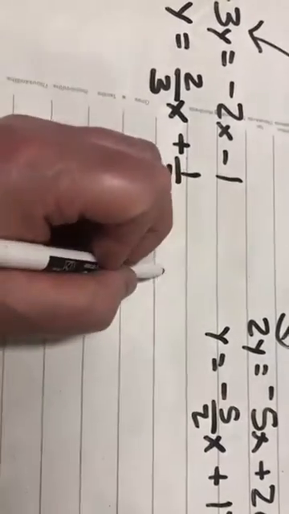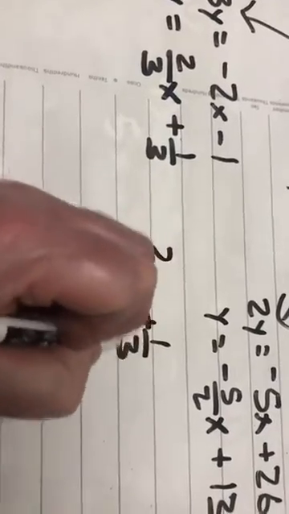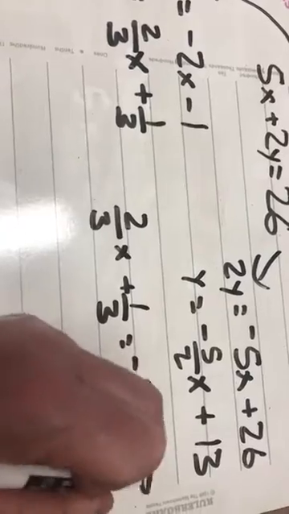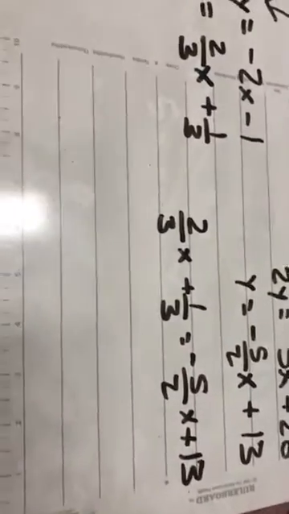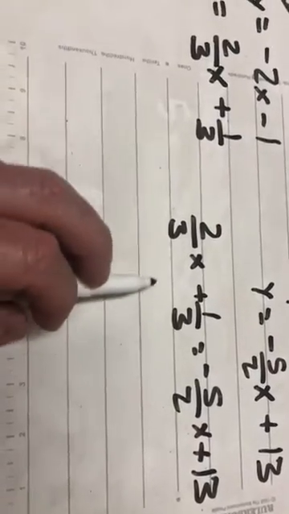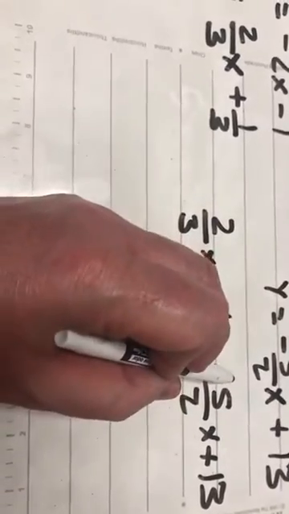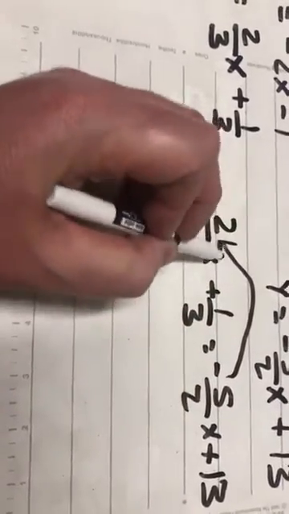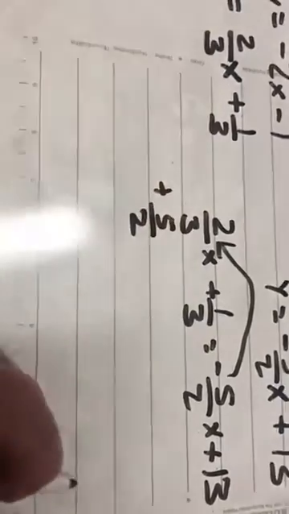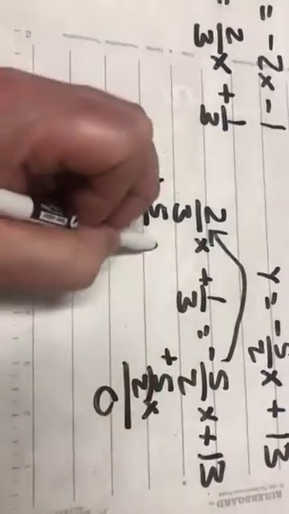Well, I have to make them equal. So 2/3 x plus 1 over 3 equals negative 5 over 2x plus 13. All right, now this looks like a handy-dandy problem. So I'm thinking, okay, let's bring my 5 over 2x over here, by doing 2/3 plus 5 over 2, plus 5 over 2x brings me 0.